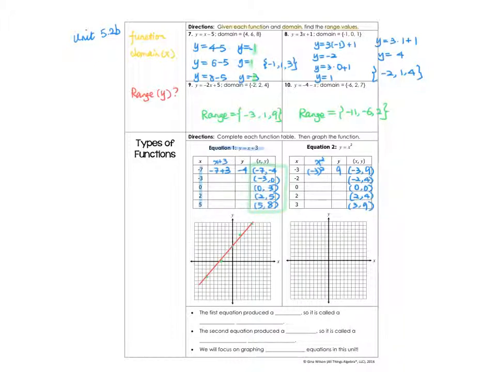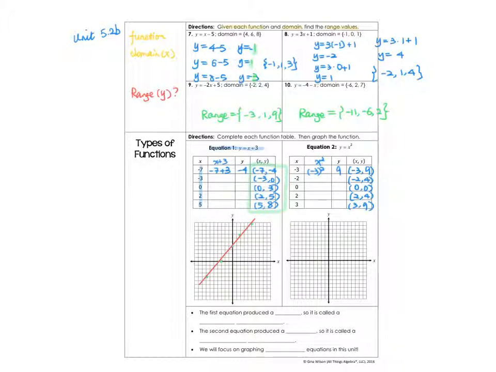Okay, all the points should rest on that line. If I graphed it a little bit more accurately, if this pen could be a little bit more precise, I would be able to cover all the points, but you got the point there.